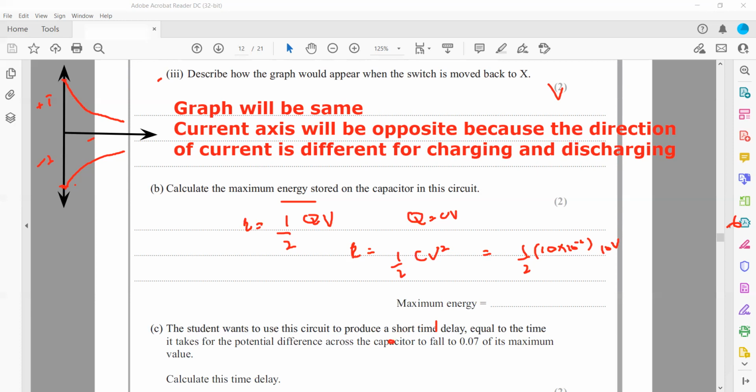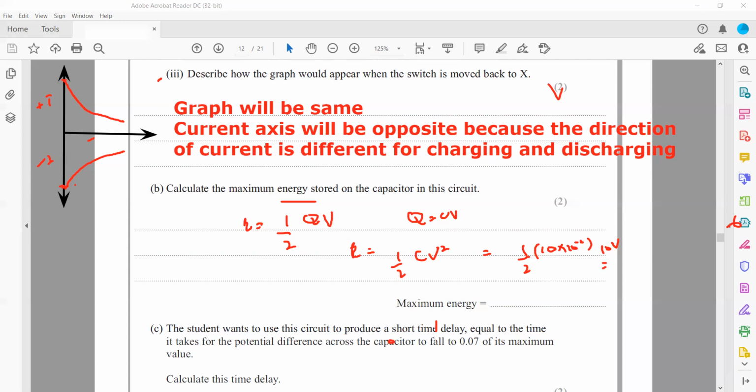Even though the resistor is connected, the capacitor will charge when the current is passing, until the voltage of the capacitor is the same as the voltage of the supply. That's why we took it as 10. But practically it won't be exactly 10. It will be less than 10.